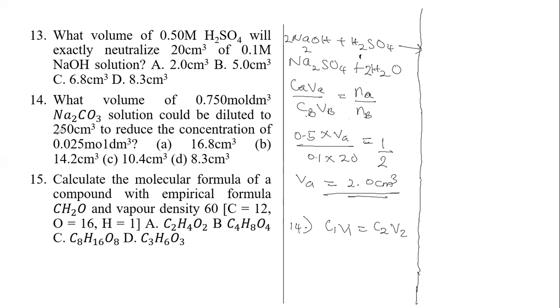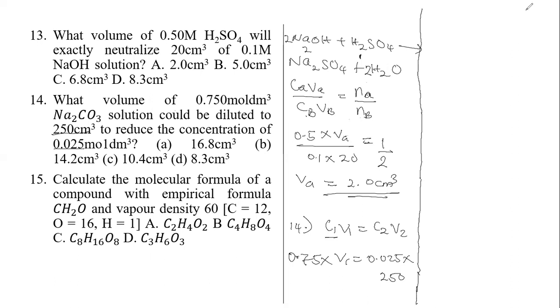Now, this is a dilution question, so we use the dilution formula C1 V1 equals C2 V2. This will reduce the concentration, so this is V2 and this is C2. We are looking for V1, and C1 is 0.75. So we have 0.75 multiplied by V1 equal to C2, which is 0.025, times V2, which is 250.